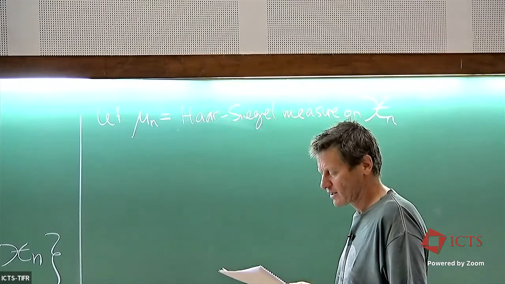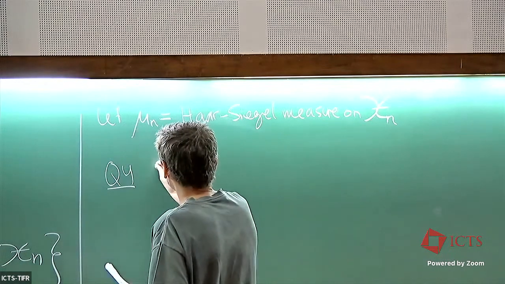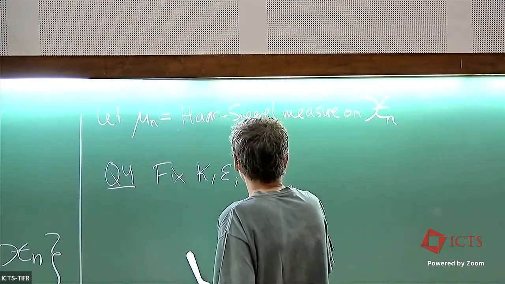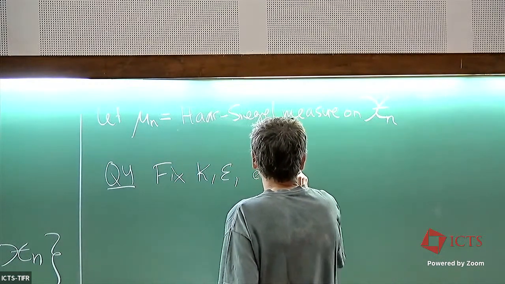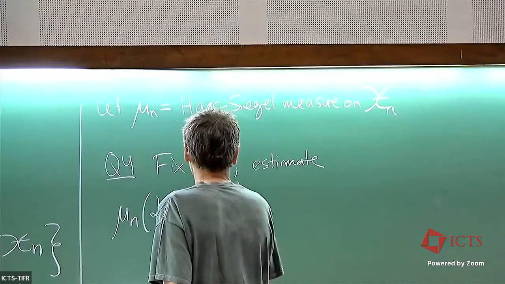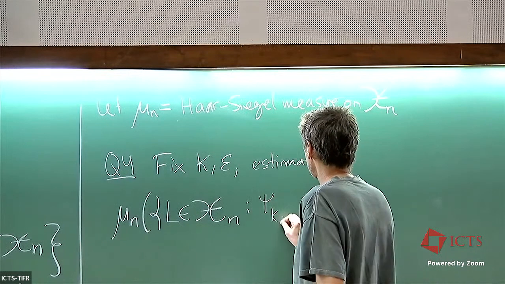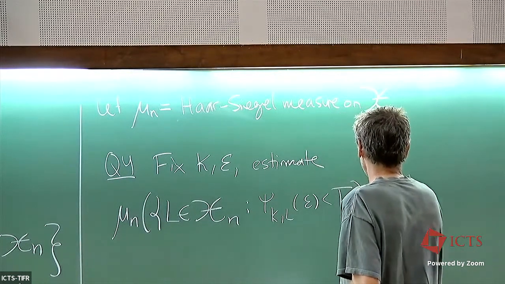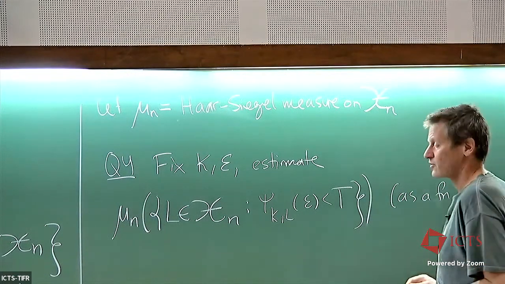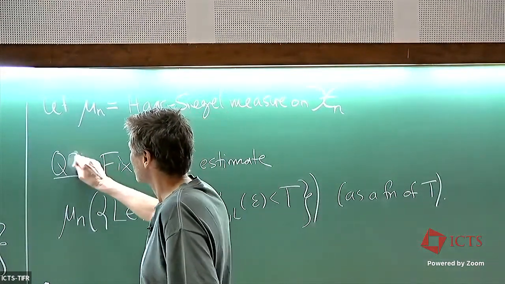And the question that we now want to ask is: fix K and epsilon, and estimate the measure, in the space of lattices, of the lattices for which this function is less than t, as a function of t. All right? Oh, good question. That was question 3.